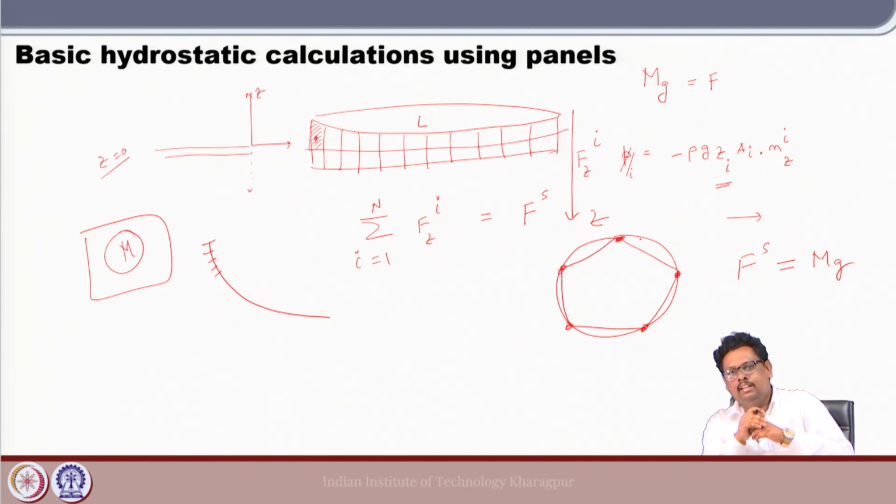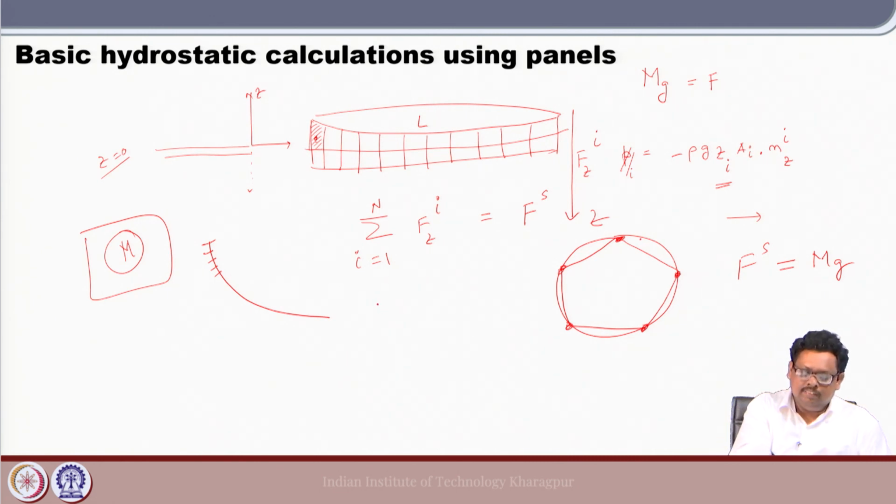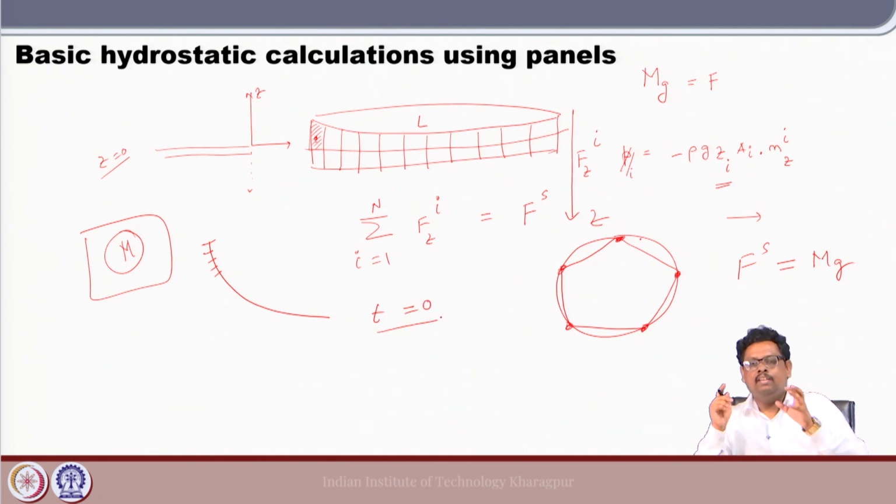If you don't fix this, then, as I discussed at the beginning, at t equal to 0 you are going to have an unbalanced force, and that causes numerical instability.